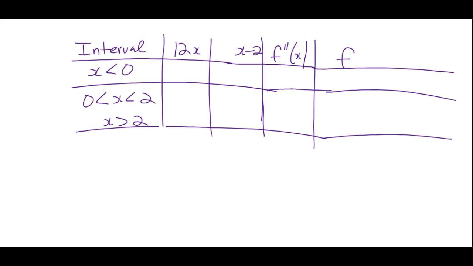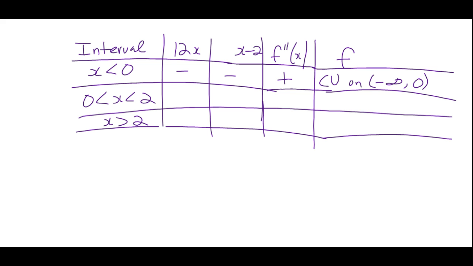Okay, so when x is less than 0, this will be negative, this will be negative, this will be positive, so this will be concave up on negative infinity to 0. Between 0 and 2, this will be positive, this will be negative, this will be negative, so it's concave down on 0 to 2. And greater than 2, this is positive, this is positive, this is positive. We're concave up on 2 to infinity.